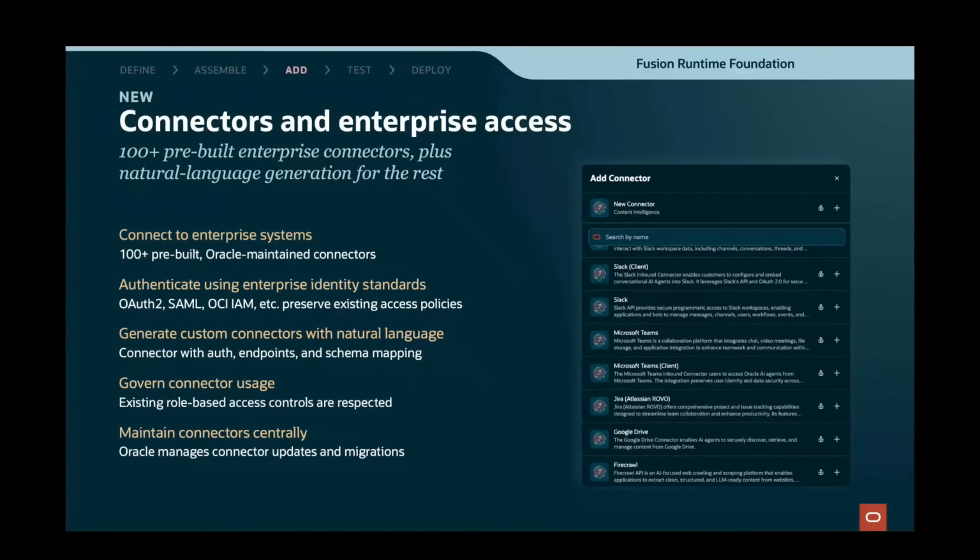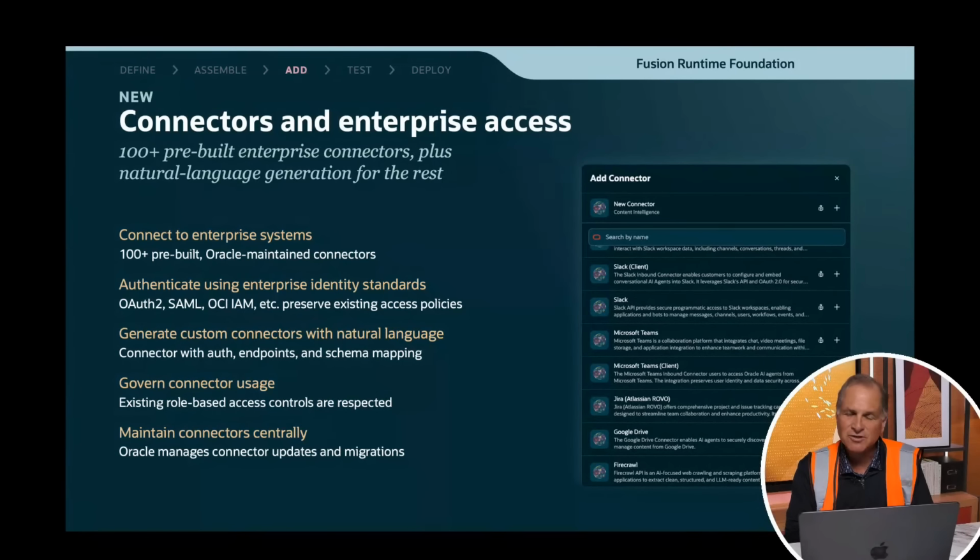And then we have connectors. Connectors are great. If you need to pull data from an external system, we've delivered over 100 connectors, but you can use no code or you can use pro code to create connectors, either via natural language or a full pro code environment where you can grab the API specs, drop them into Codex, and create whatever connector you want to whatever system you want, and bring in data and use it in an agentic application.